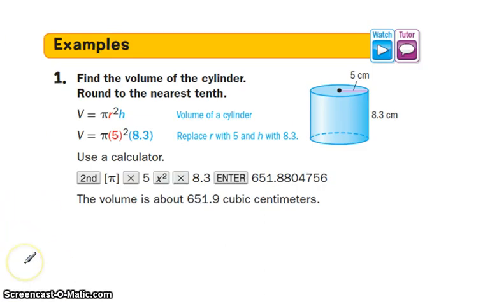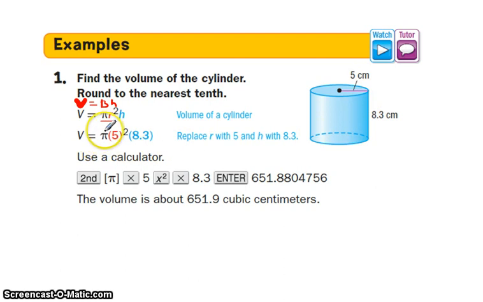Find the volume of the cylinder and round to the nearest tenth. Like you did in the previous lesson, we're going to start with capital B times h, and then make it more specific, pi r squared. Our radius is 5 and our height is 8.3.